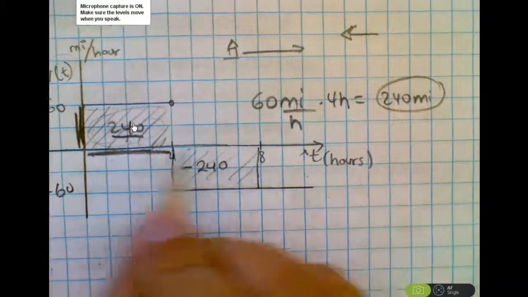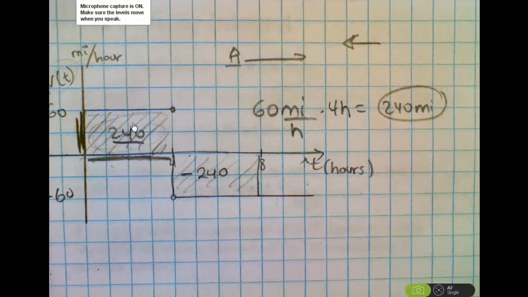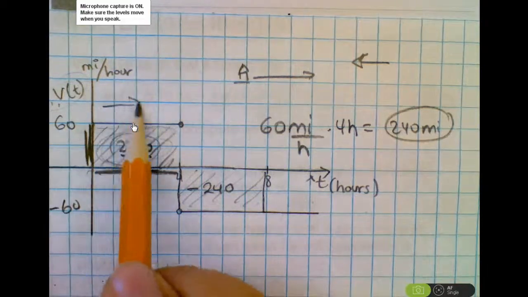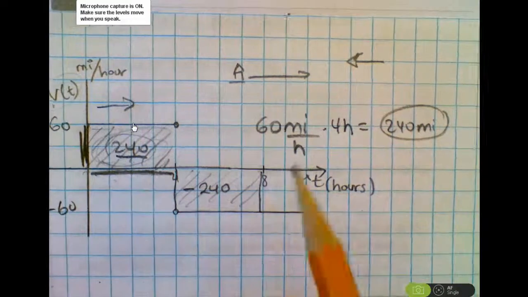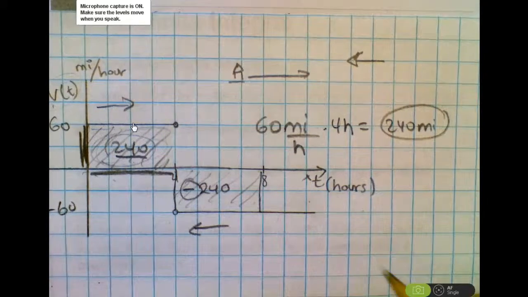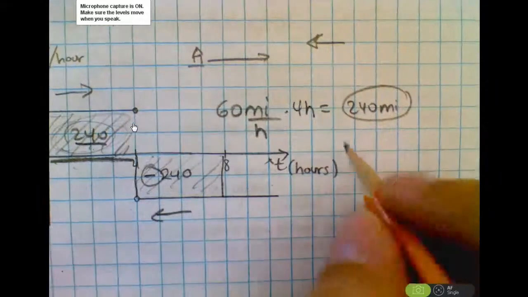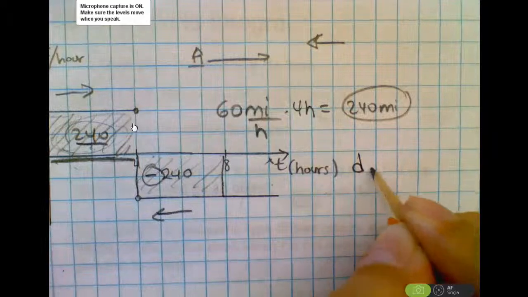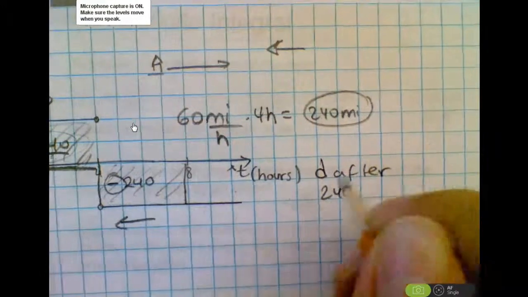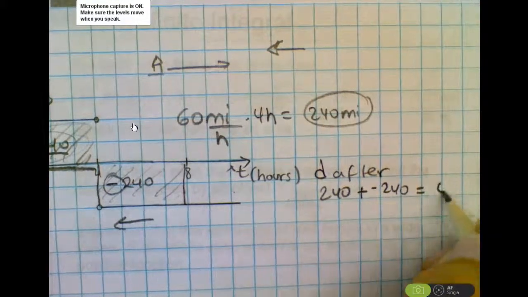Between 0 and 8 hours, how far from home are you going to be? Well, if you went in the positive direction 240 miles, and then you went in the negative direction, meaning left, 240 miles, you're going to be back home. So the distance that you have traveled after 8 hours is actually 240 plus negative 240, and that will be 0.